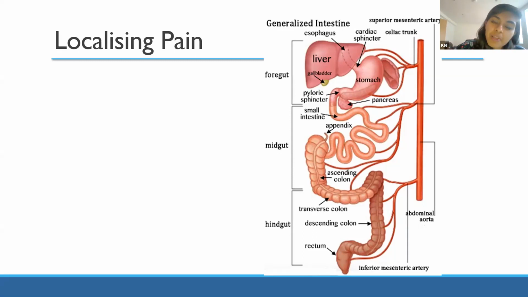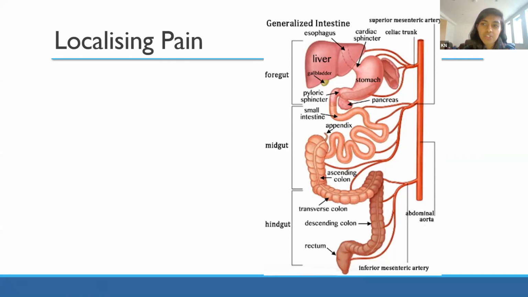A lot of this blood supply goes back to the embryological origins. The bits supplied by the celiac trunk are the embryological foregut. The SMA supplies the embryological midgut, and the IMA supplies the embryological hindgut. This also has implications for referred pain. You have two bits of peritoneum, the parietal and the visceral peritoneum, and the visceral peritoneum is not particularly good at localizing pain.